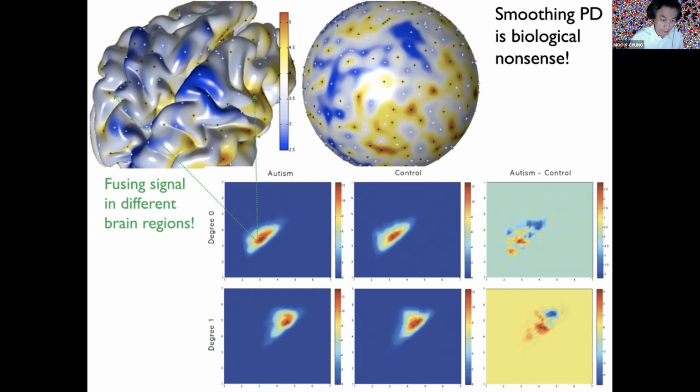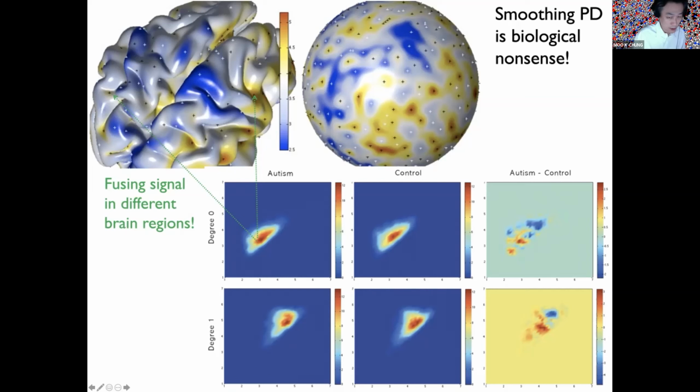Why? Now think about it. This data here, the scatter points, might be coming from two different brain regions. So if you smooth it, we are essentially contaminating the signal here with the signal here. I'm sure that they give you the same topology, but that's not usually what people want. They want to do the back projection.